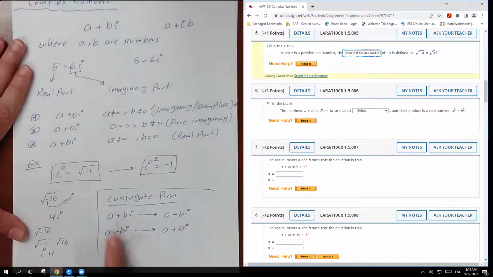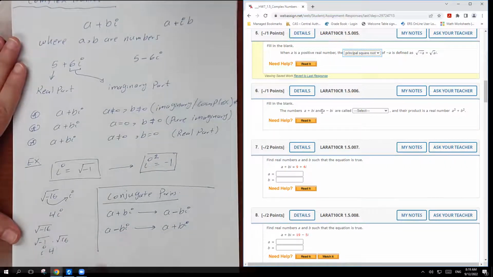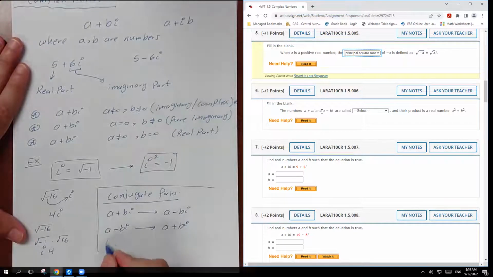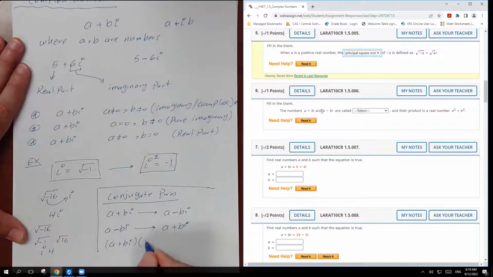And when you multiply the conjugate by itself, the result is going to be a squared plus b squared. So if you multiply a plus bi times a minus bi, you can check that, the result is going to be a real number. It's going to be a squared plus b squared.